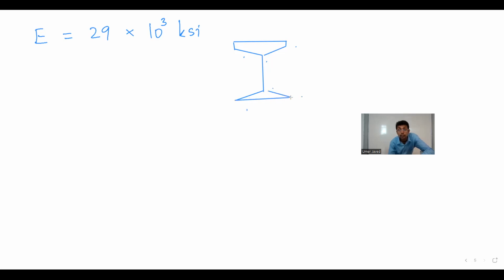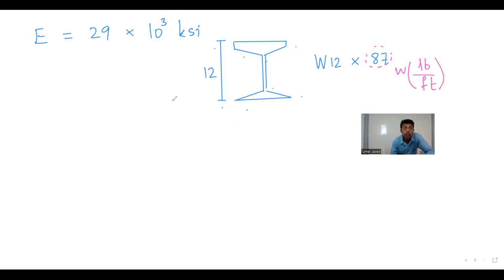And this is a W12 by 87, where this dimension is 12, and 87 means that the distributed load it is carrying is W pound by feet.